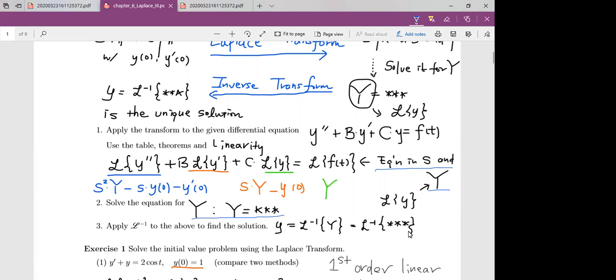For this process, we apply all the theorems, the table, and all the techniques that we have learned.